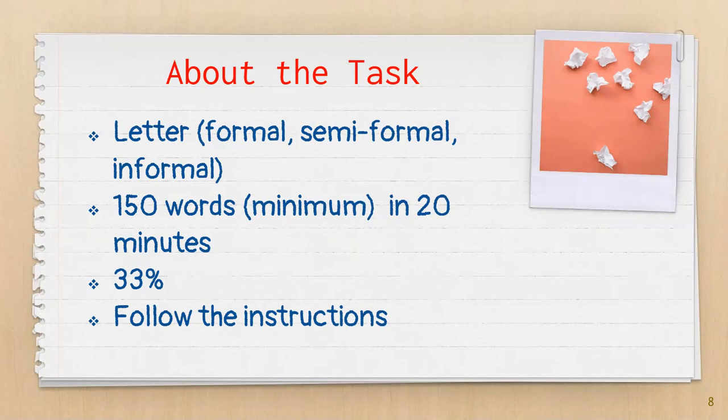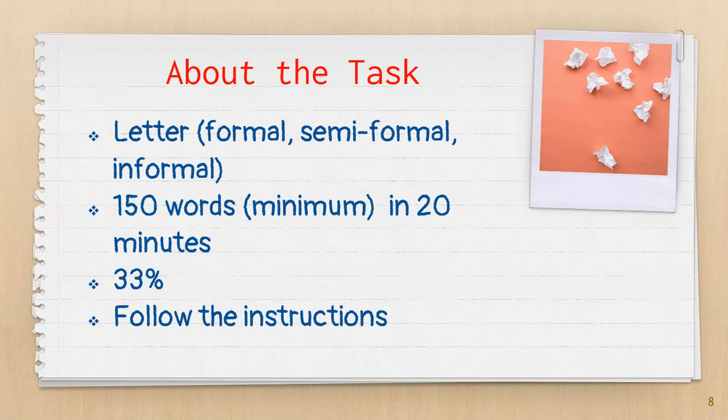If the person to receive your letter is one that you do not know, and you're writing the letter to such a person because of the position the person occupies, then you're writing a formal letter. So for example, the question says you should write a letter to the editor of a newspaper complaining about some problems in your community.